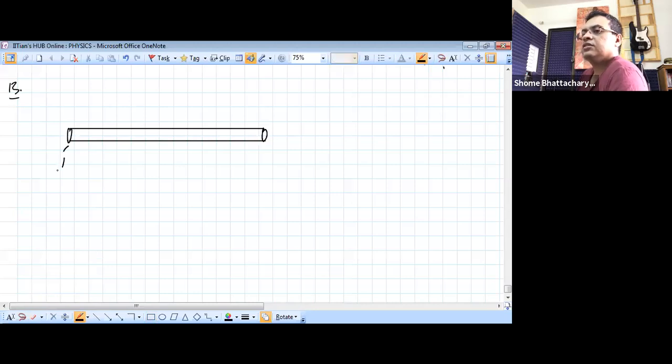So the rest of the gun is here. So this is the barrel, or what is more precisely called the muzzle of the gun.